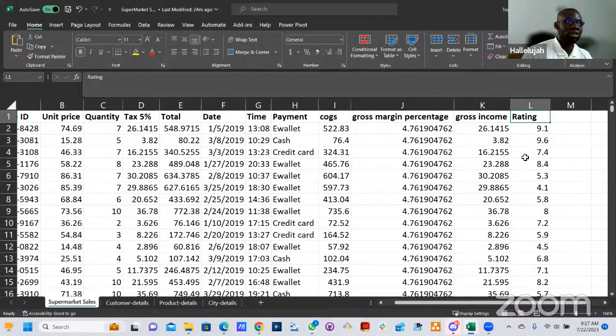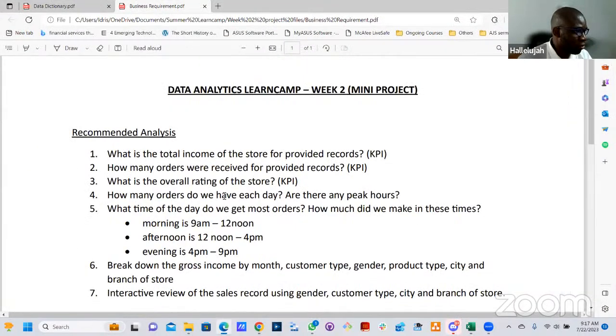Let's say I come to your store and I rate your store out of 10, or let me use 5. I rate your store 4.5, another person rates it 4.7, another 4.8, another 4.6. How will you know the total rating? You figure it out yourself. I'm not going to tell you. Add them up if you want, divide them if you want, anything you want to do.